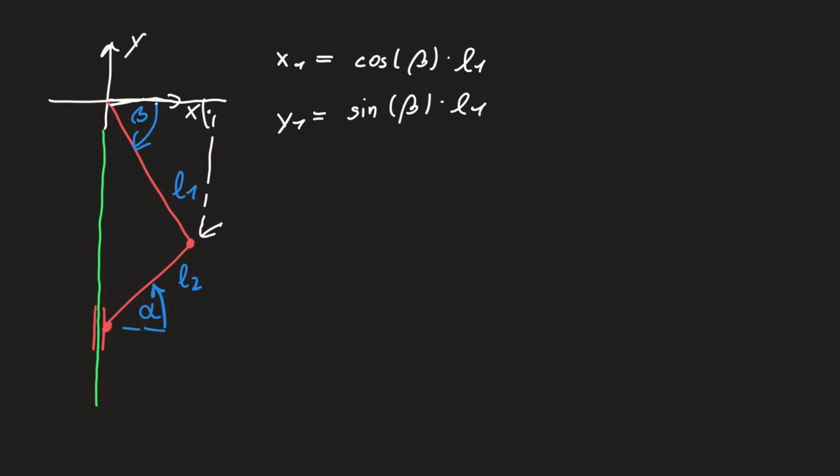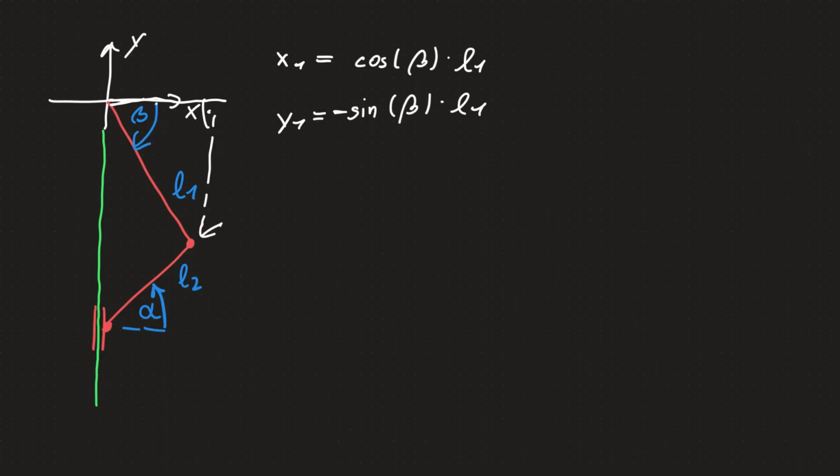But now if the angle gets bigger, we don't go in the following direction here, we go in the minus direction, and therefore we need a minus sign in front of this equation.